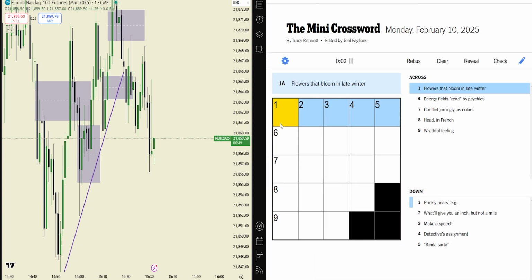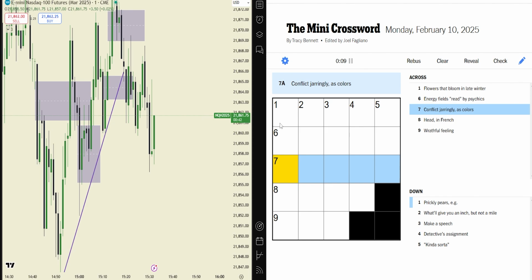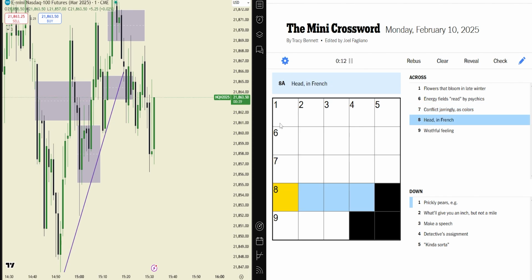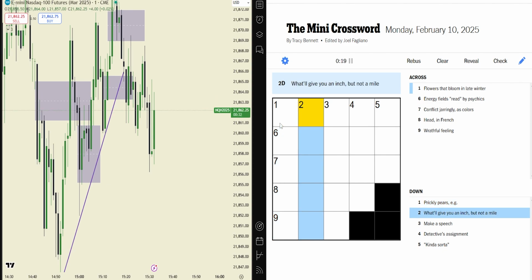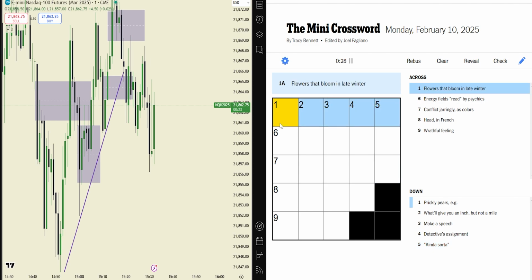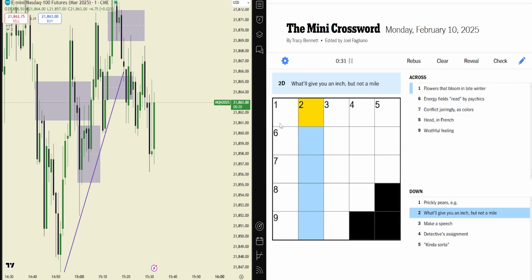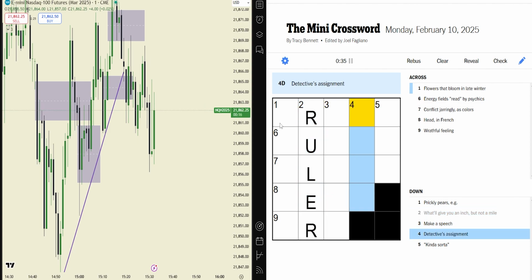Flowers that bloom in late winter. Energy fields read by physics conflict jarringly as colors. Head in French. Wrathful feeling. Prickly pears. What'll give you an inch but not a mile. Make a speech. Detective's assignment. Kinda sorta. If anybody's playing this with me, I think this one's ruler. Case.